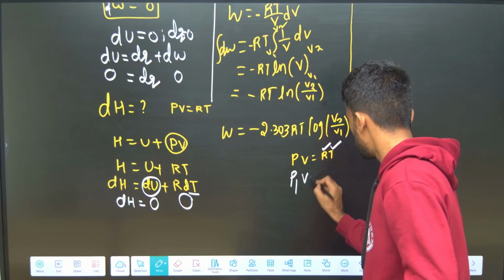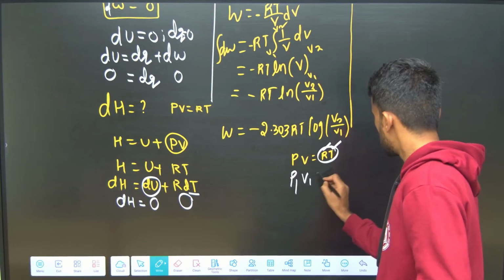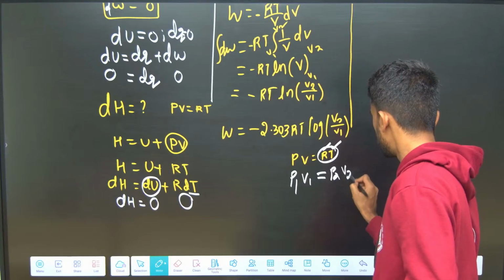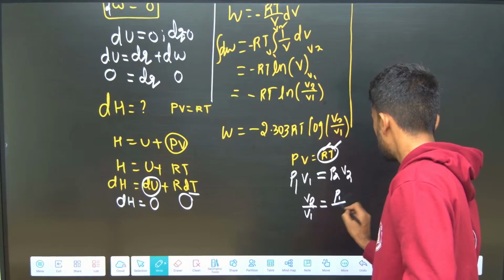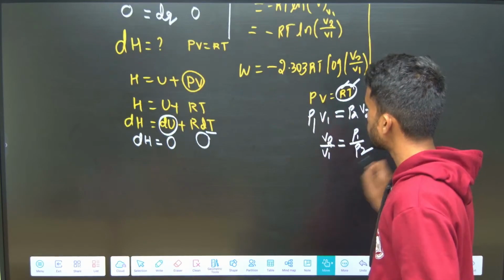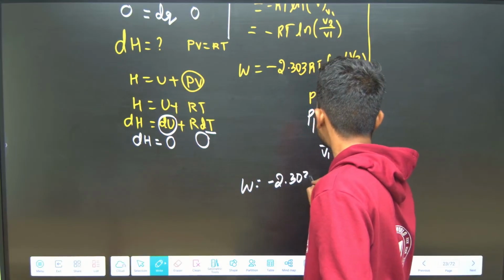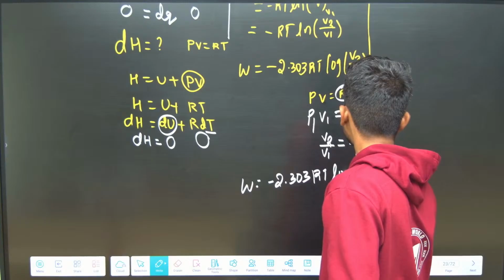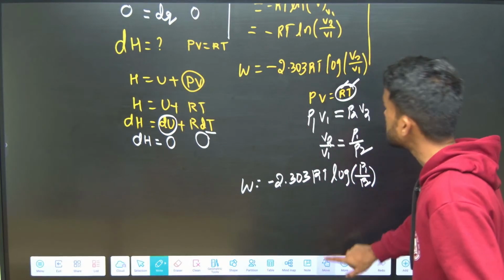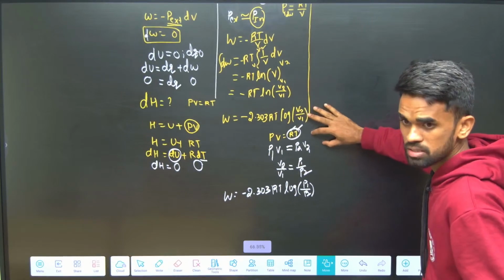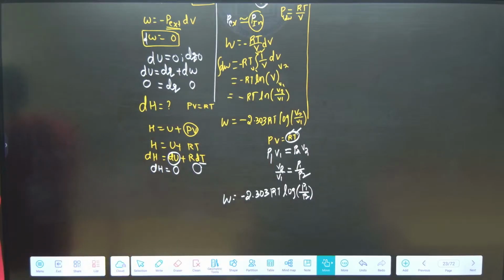So P1V1 is constant, equal to P2V2. In the place of V2 by V1, I can write P1 by P2. So W equals minus 2.303 RT log P1 by P2. Like this. At least write these final conclusions and formulas, so they will be useful for solving questions.